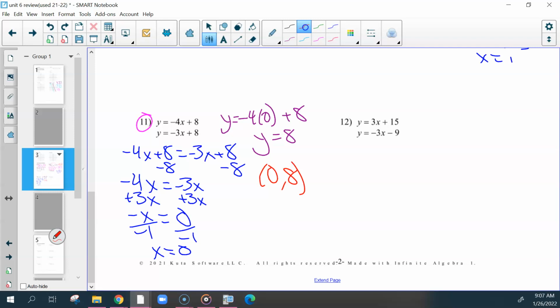If you were just looking at the equations and noticed that they both have the same y-intercept, they would have to cross at that y-intercept. Do we have any questions on 11?